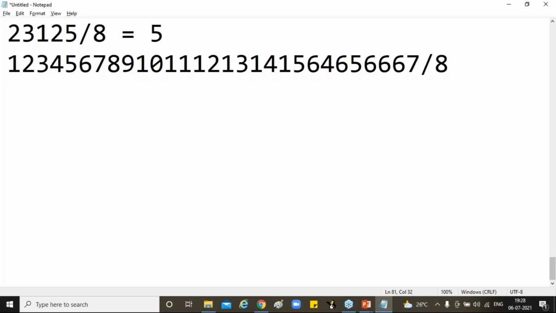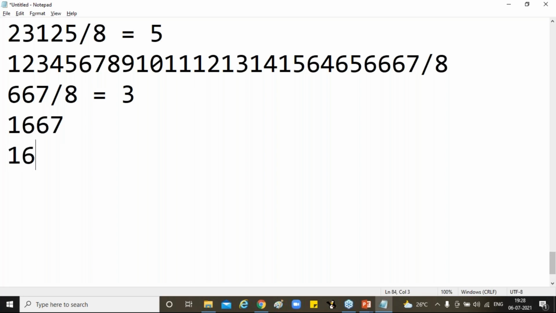That is the reason the divisibility condition for 8 is the last three digits, 667. We need to focus on 667 divided by 8, then the remainder is 3. So indirectly, 1667 or 16,667, like that.